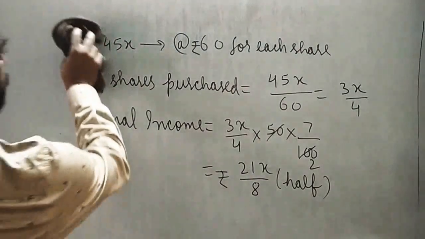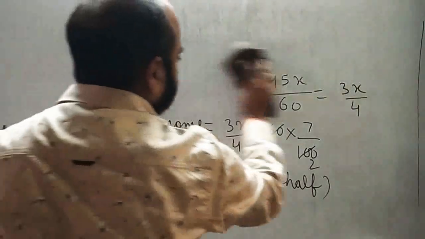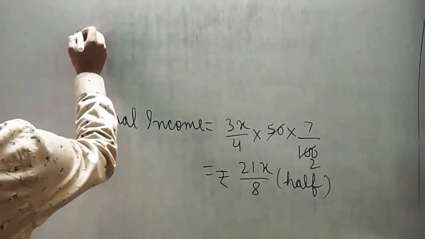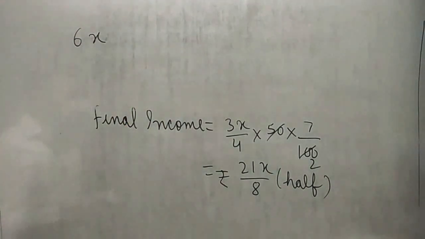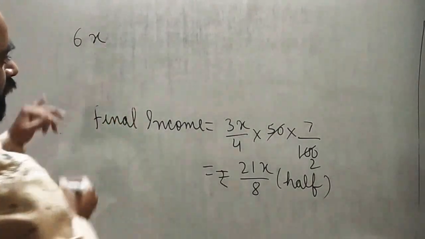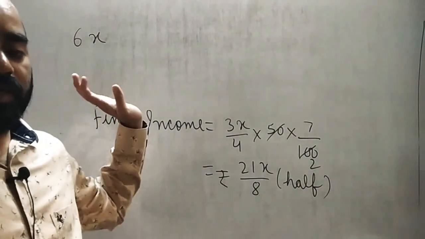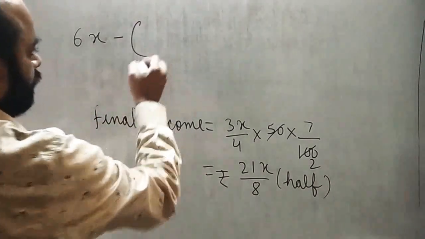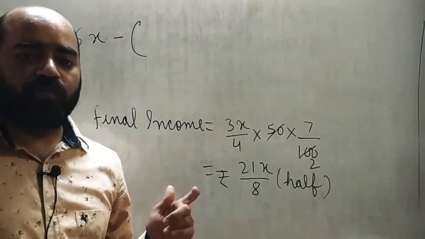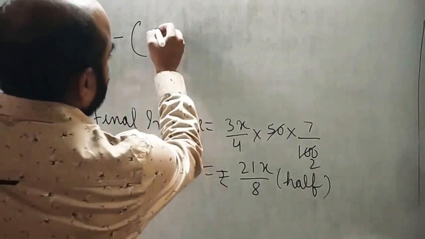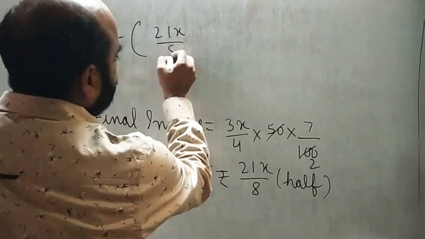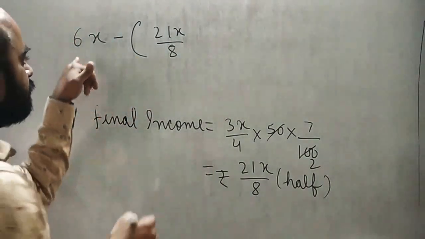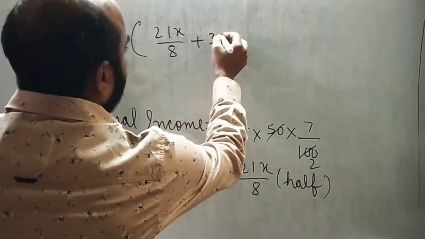So initial income. Earlier what was the income? Initial income was 6x. Total initial income was 6x. We have calculated. Now since he is having the loss, income decreases, so initial income will be greater. So this is 6x minus. Final income consists of two parts. First part, that is half, 21x by 8. This is for the first half, and the second half remains the same. It means we will take plus 3x.